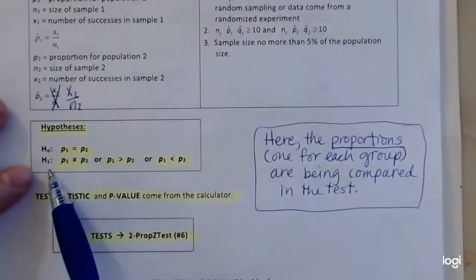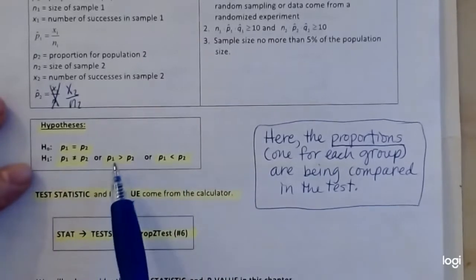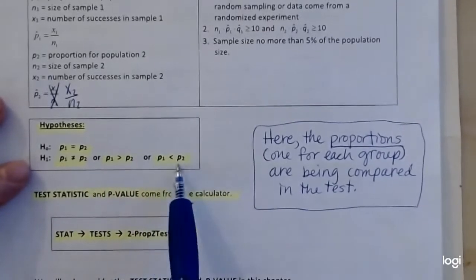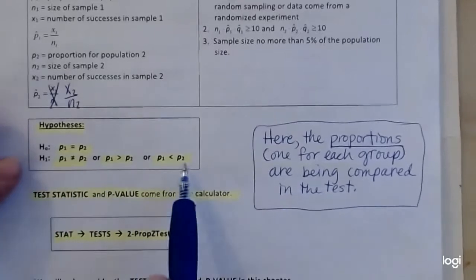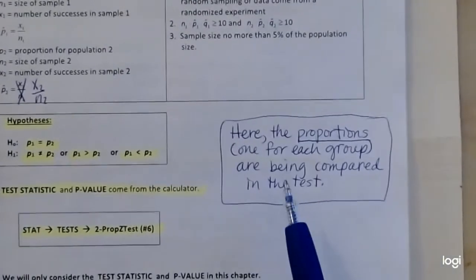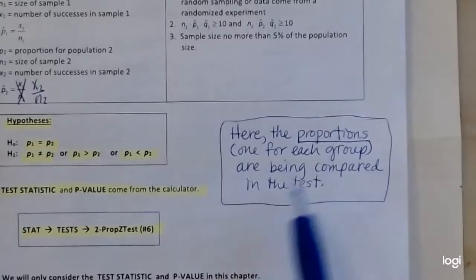Then our alternative hypothesis will be one of these three, either that they are not equal, that p1, proportion 1, is greater than proportion 2, or that proportion 1 is less than proportion 2. So you can have any of these three depending on what the claim is. So here the proportions, one for each group, are being compared in the test.